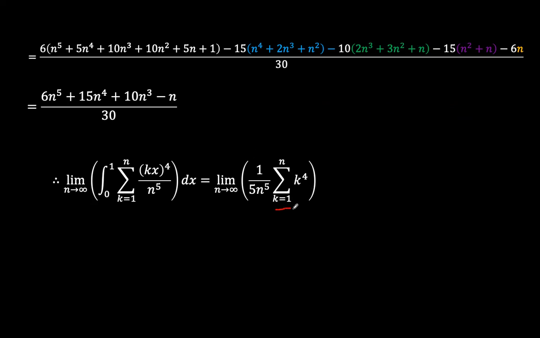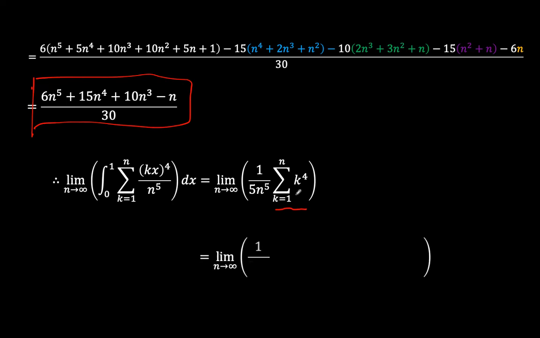Now we know what this sum is. We just bring this entire expression in place of that summation. And so we put in brackets 6n to the power 5 plus 15n to the power 4 plus 10n to the power 3 minus n over 30.